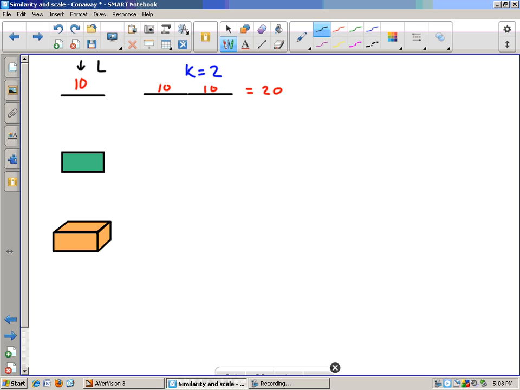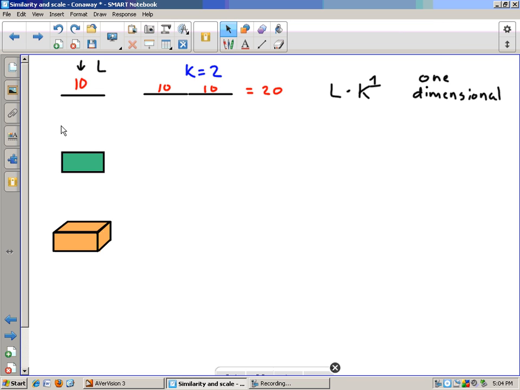We've had our original L, and we've multiplied it by our K, which was 2 in this case, to the first power. K to the first power. And this is going to be the one-dimensional scale. We're scaling it up in one direction, one dimension.